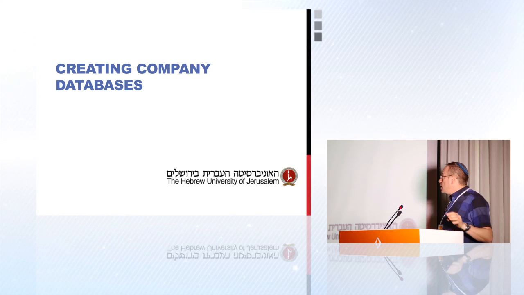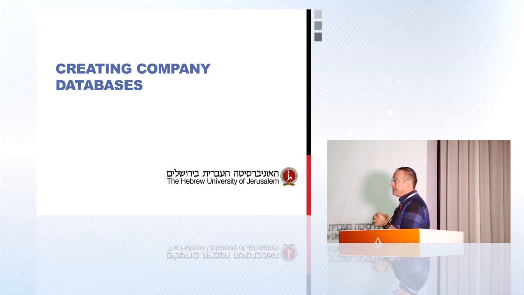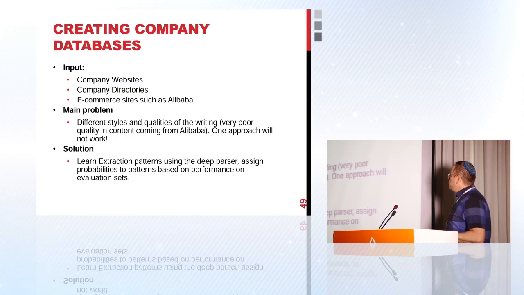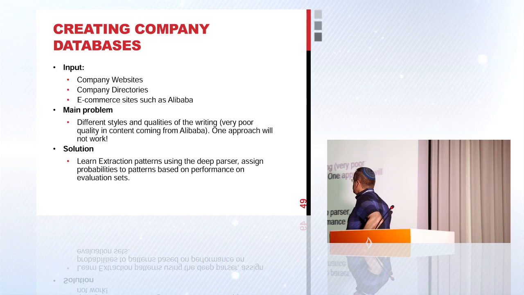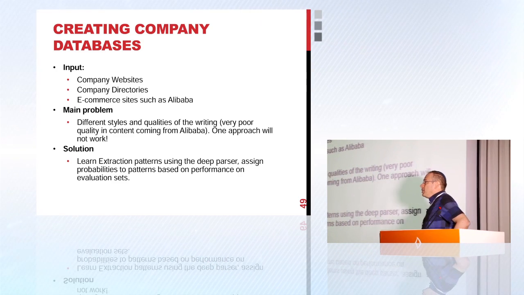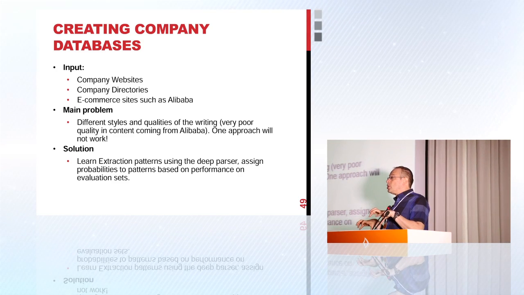The last application that I want to talk about is how to create company databases. So the input would be either company websites, company directories, or e-commerce sites such as Alibaba. One of the main problems that we faced is that there is a big difference between the quality of the text.